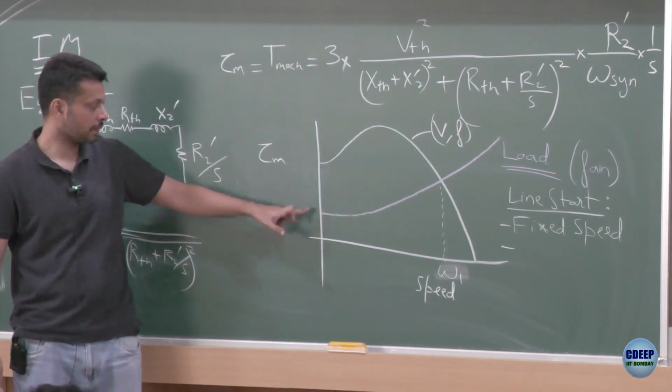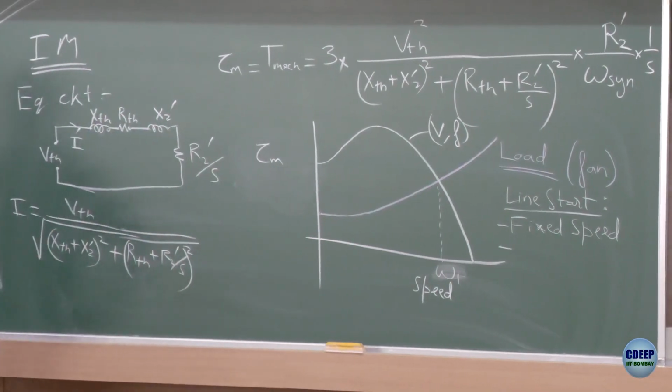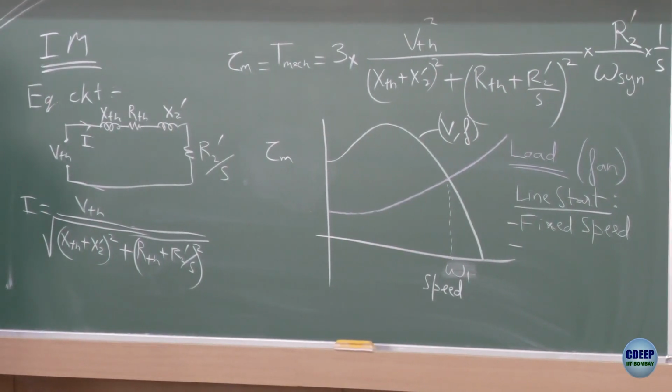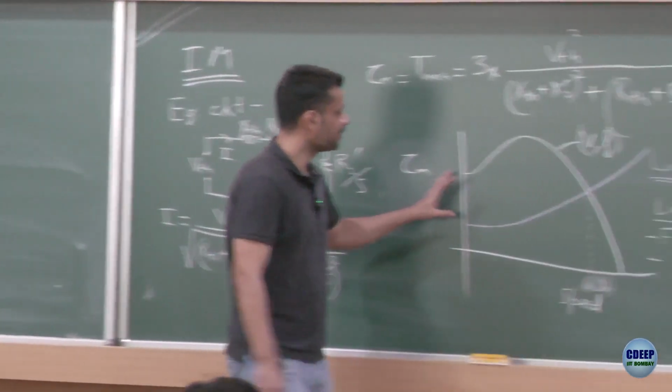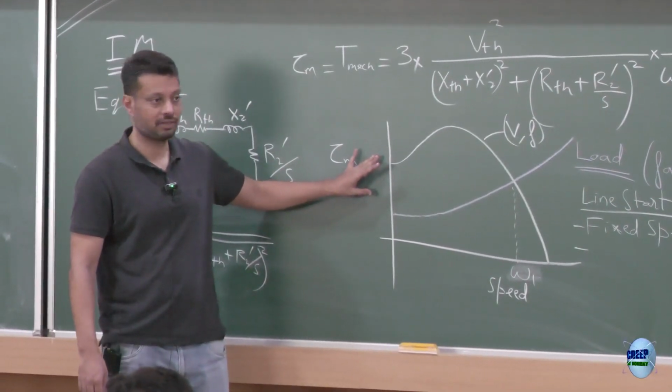Because the applied torque minus the load torque, tau, is equal to m into d omega by dt, of course. So d omega by dt, or rather the acceleration, would depend on the difference of the torques, right?